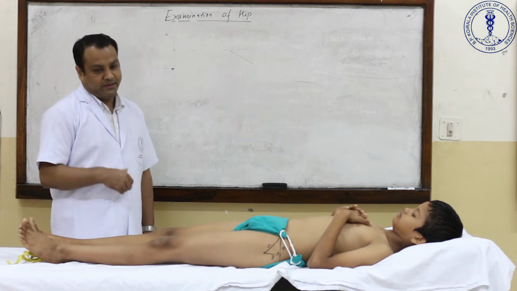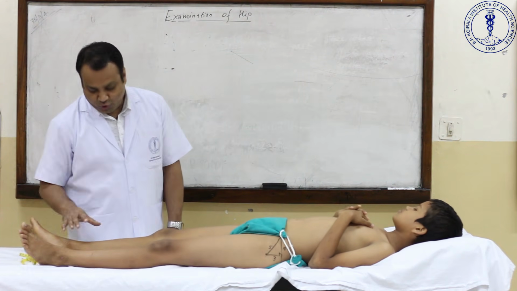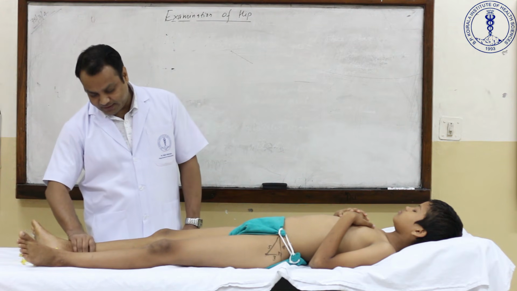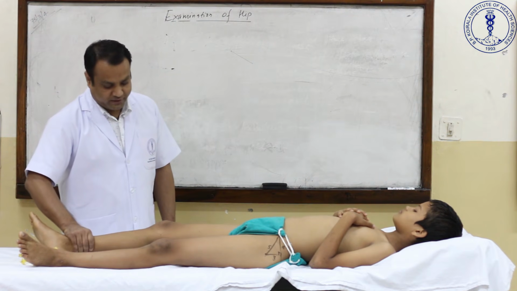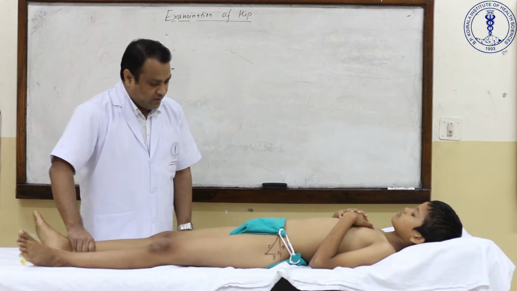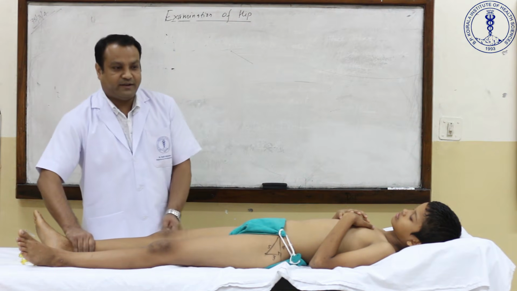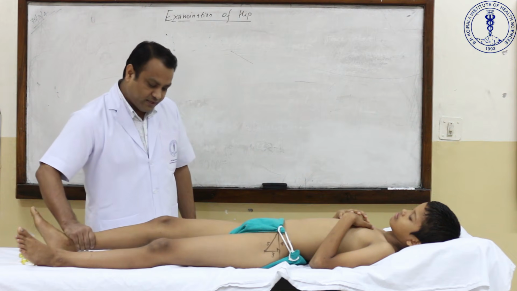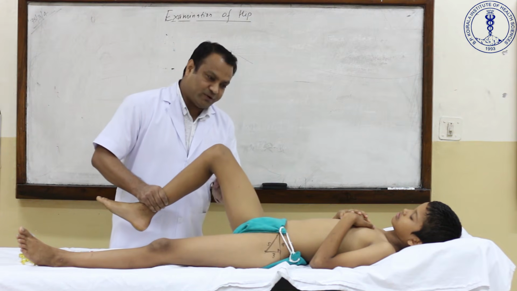Next is the axis deviation. Axis deviation means you hold the distal third of the leg with one hand, ask the patient to relax, and gradually flex the hip and knee, and see where the knee is pointing towards.